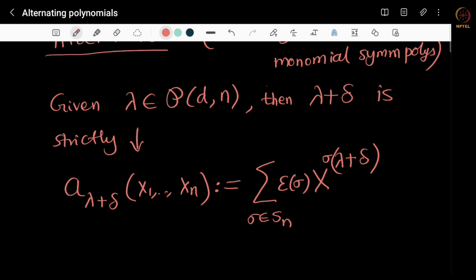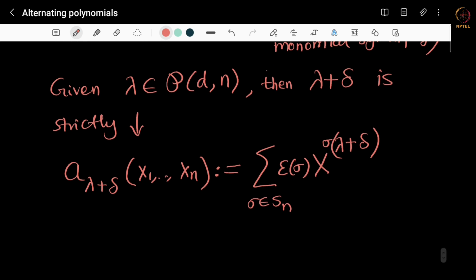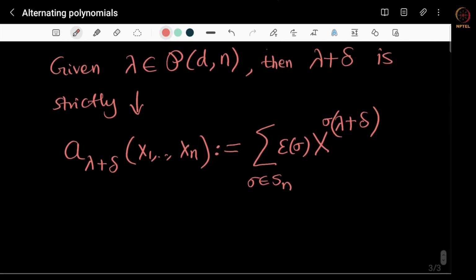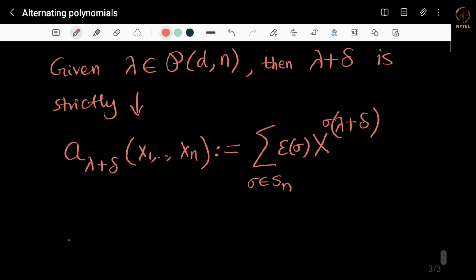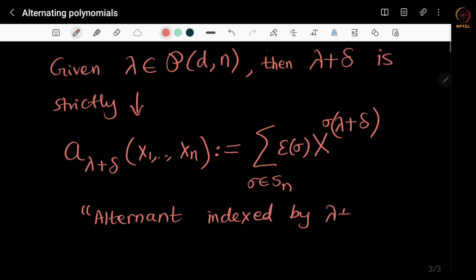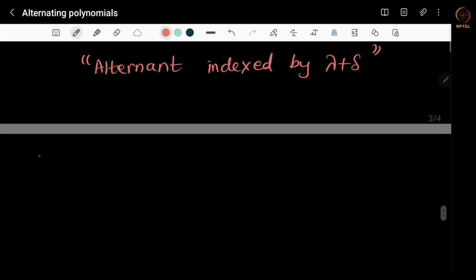In these n variables, I start with the monomial x to the lambda plus delta. Now for the monomial symmetric function, what I would do is take all possible permutations of this. But here I'm going to do the alternate, which means I take all possible permutations of the original monomial, but I take each of them with the corresponding sign. So now it's pluses and minuses.